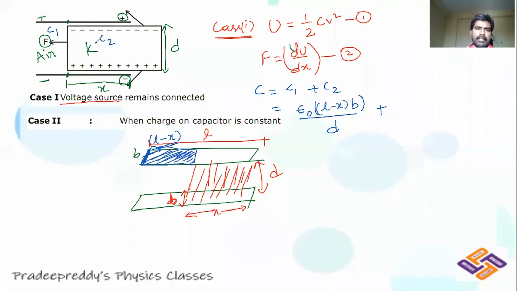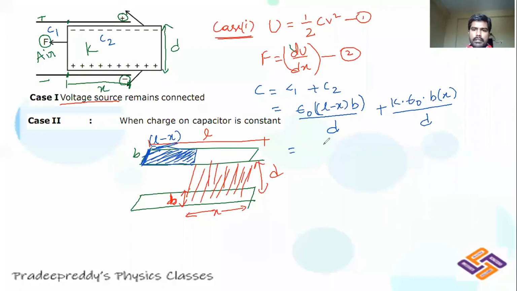Next, with the dielectric medium, the capacity C2 becomes K times epsilon naught into the area of cross section, which is B into x, divided by the separation between the plates, D. Okay, it is K epsilon naught A by D. Now wherever common terms are there, you can take them out.